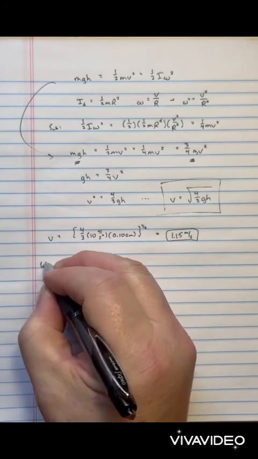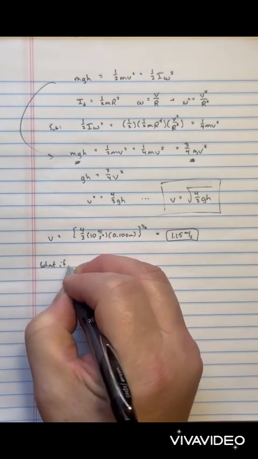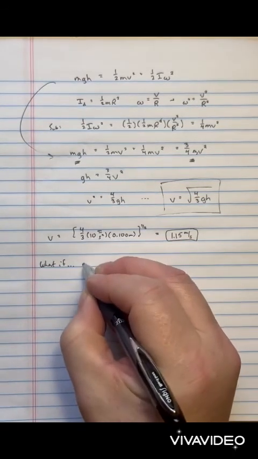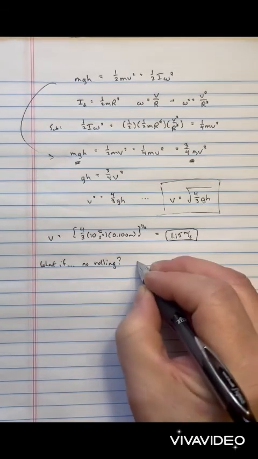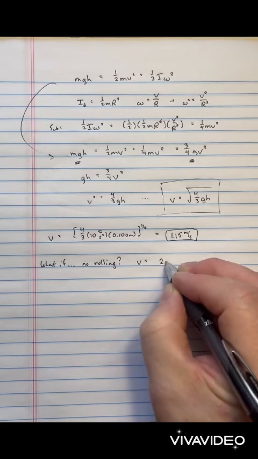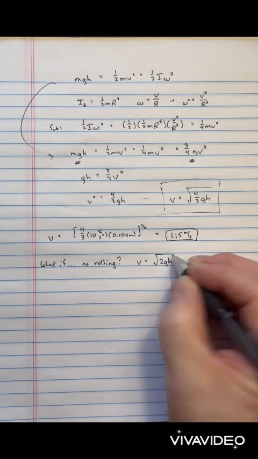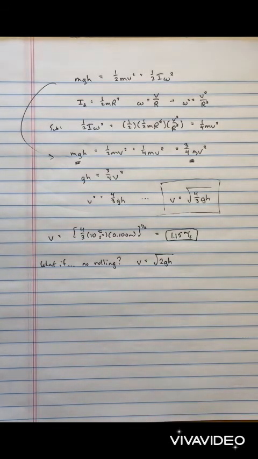So, what if no rolling? Then our solution will be 2gh, like that. And if that looks familiar, it should. This is the solution for an object that simply falls in free fall. There is no rolling, of course, for an object in free fall.